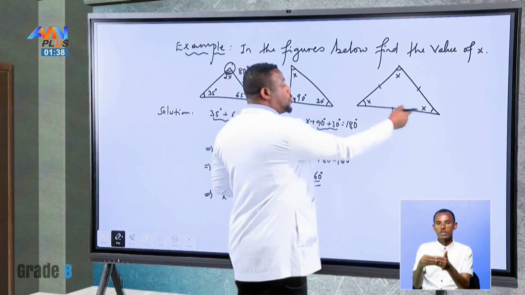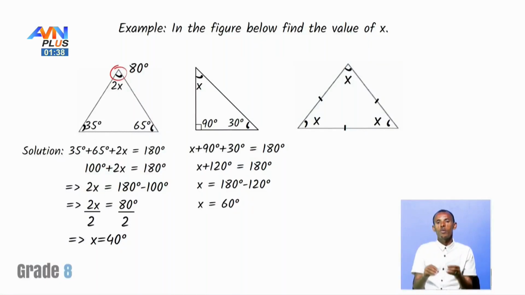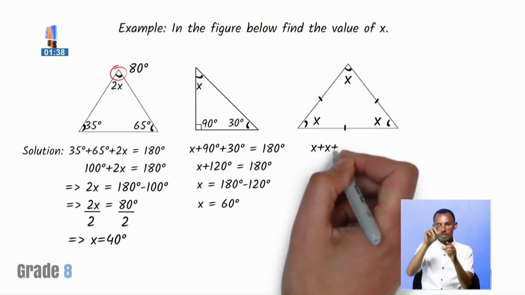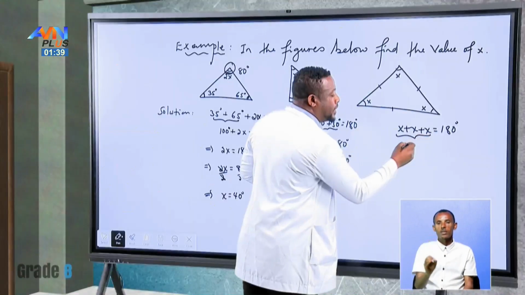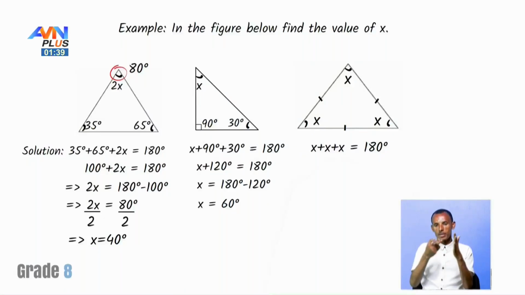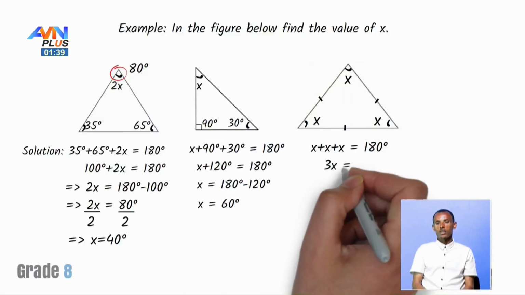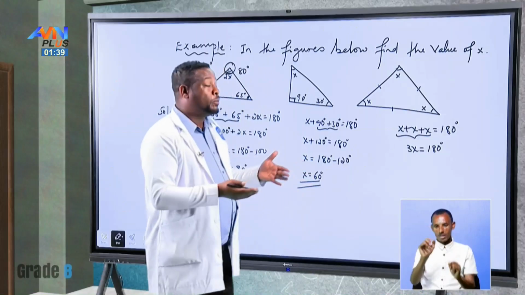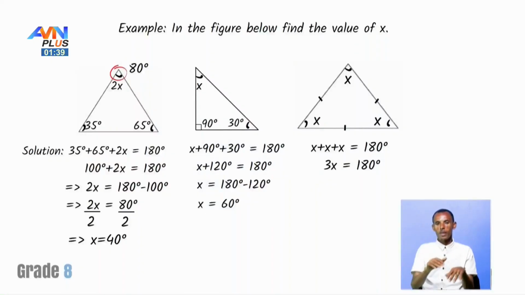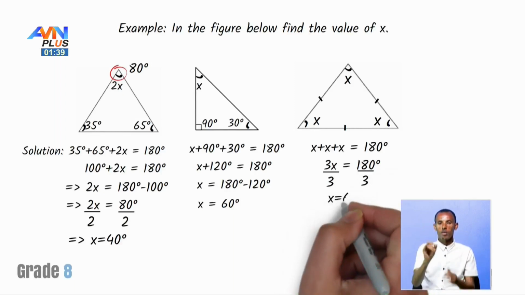The sum of these angles, x plus x plus x, must give us 180 degrees. So this sum is 3x, and 3x is equal to 180 degrees. Now you can divide both sides by 3. Then x becomes 60 degrees, right?